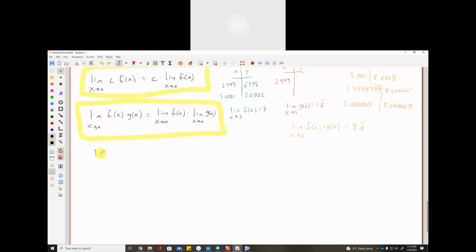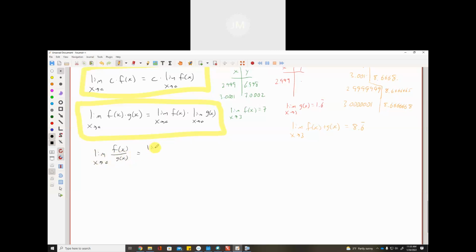This works for dividing too, but dividing is a little bit tricky. If I take f of x over g of x, the limit ignores what happens exactly at a. So if a is a number that makes g 0, that's okay in the limit, but it's not okay outside of the limit.